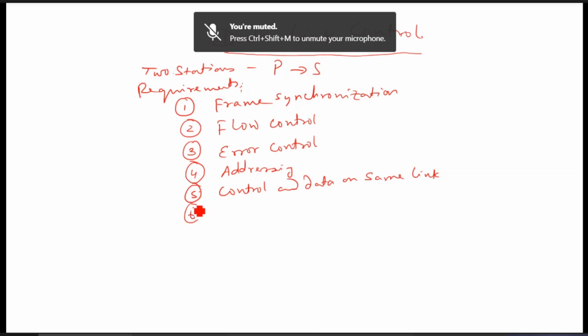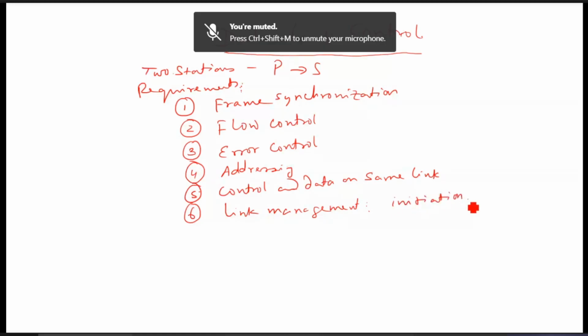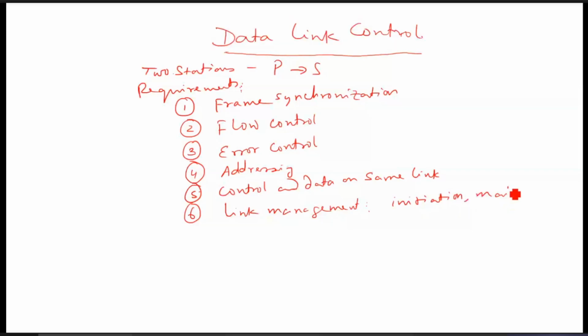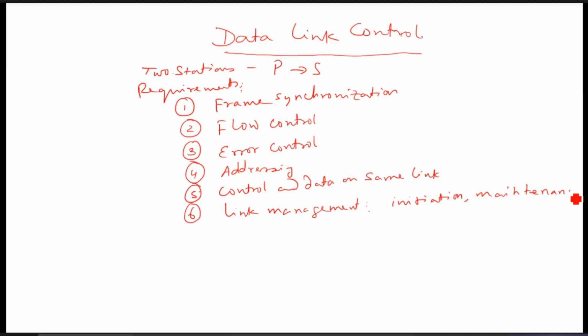And sixth is link management. Some procedures are required for management, like initiation, maintenance, and termination.